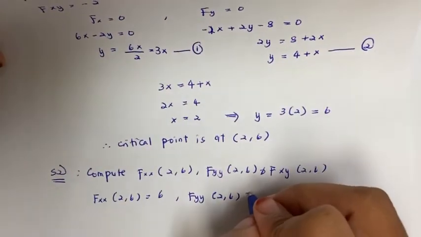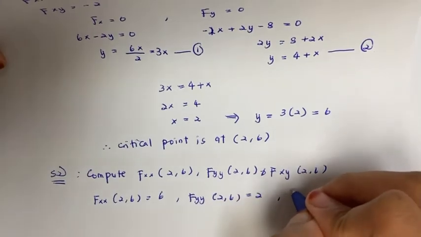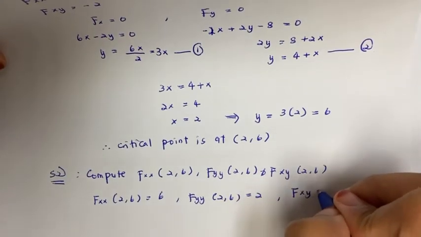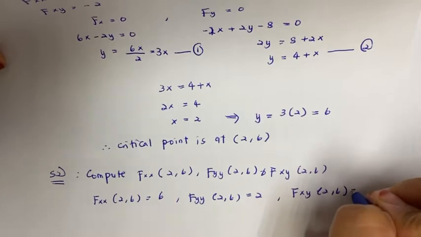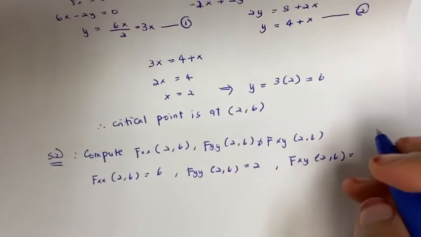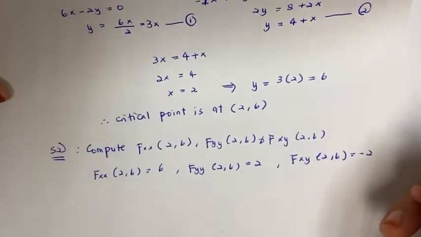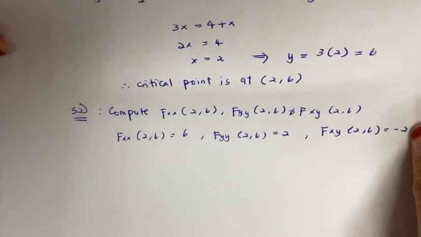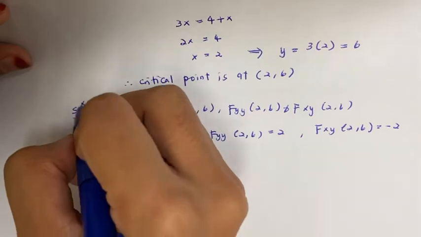And the last one, fxy at 2, 6 is equal to minus 2. So that's it for the second step.